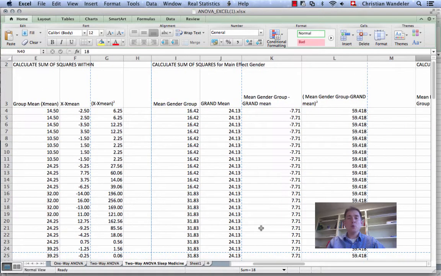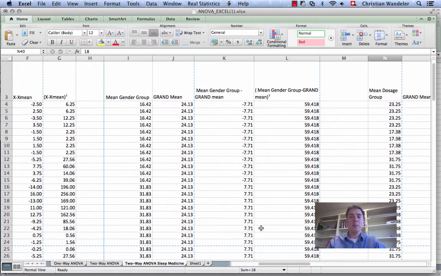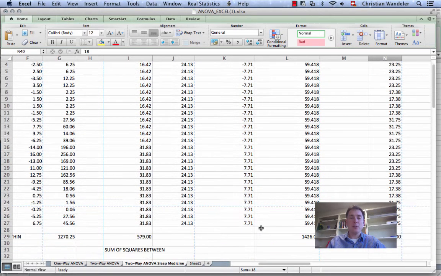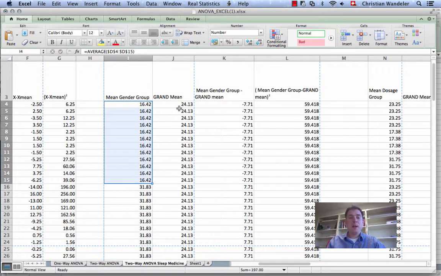We're gonna go to the main effect gender. Now this is the same thing that we did for the between groups effect in the OneWayANOVA, right? But this time we use the mean of the group gender, and we compare it to the grand mean. So that's the total average.